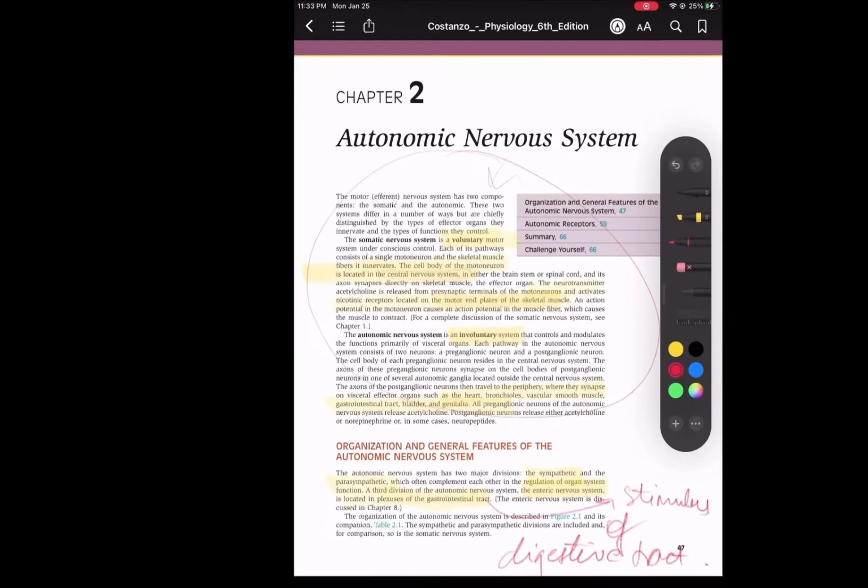Then we come to the other part. Here it says the somatic nervous system is a voluntary motor system. I told you it is of motor neurons. It is under conscious control.